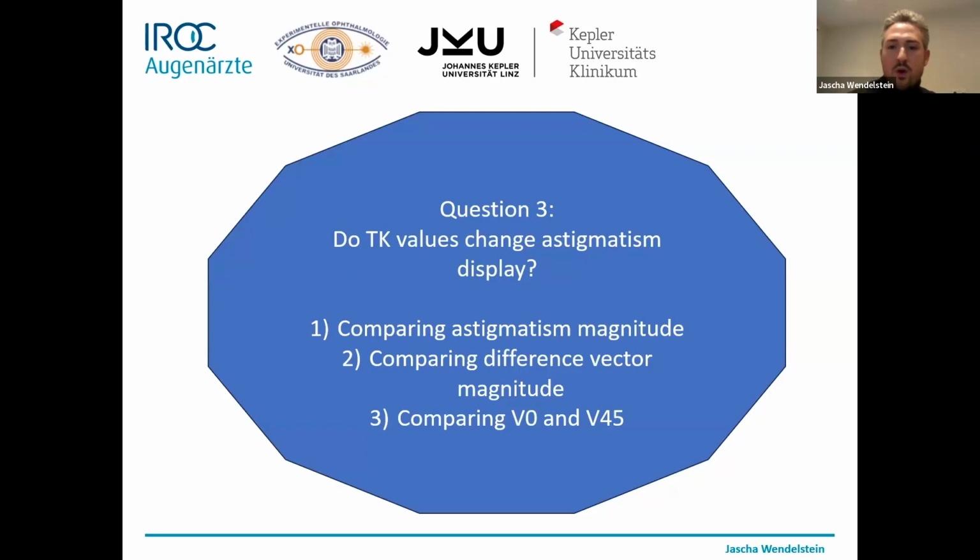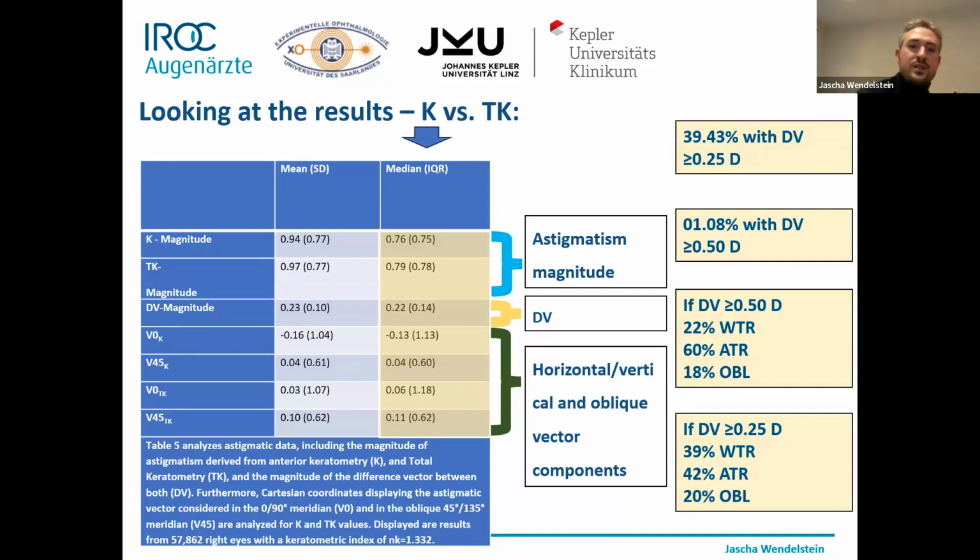The third question we posed was, do TK values change astigmatism display? For that matter, we compared the astigmatism magnitude between K and TK values. We looked at the difference vector magnitude, and we compared the vectors for oblique and horizontal and vertical astigmatism themselves. On the table on the left side, you can see the results.